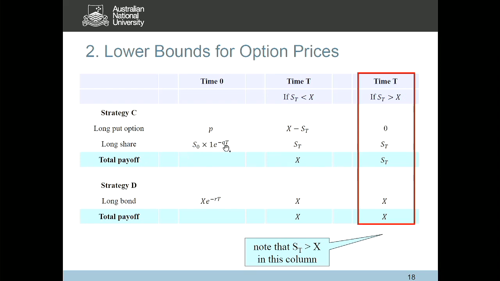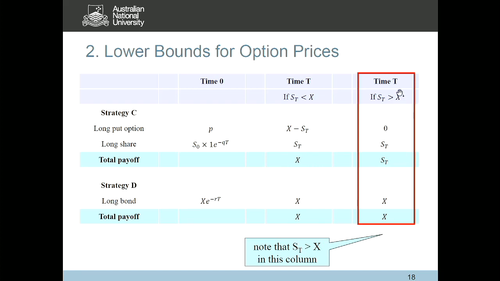Now, remember the share that we bought, that's less than 1, so 1 times e to the power of minus qT. That share will grow to 1 unit of share with a final spot price of ST, and ST is just the market price for the share at time T. So if you sum up these two columns, you realize the total payoff from strategy C is simply X when the share price finishes lower, and the total payoff from strategy C when the share price finishes higher is ST. Now, when the share price finishes lower, portfolio C is just as good as portfolio D. They provide identical payoff.